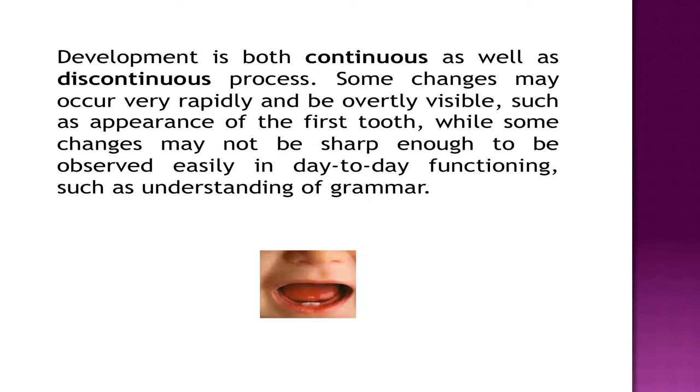Sixth, development is both a continuous as well as a dichotomous process. Some changes may occur very rapidly and be overtly visible, such as appearance of the first tooth, while some changes may not be sharp enough to be observed easily in day-to-day functioning, such as understanding of grammar.